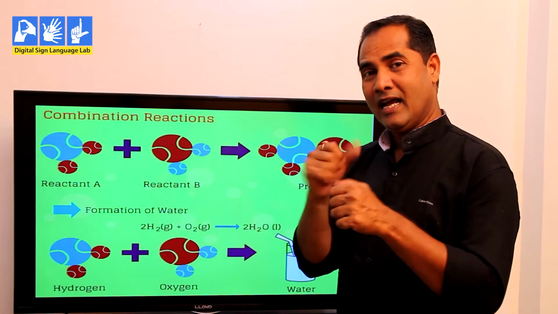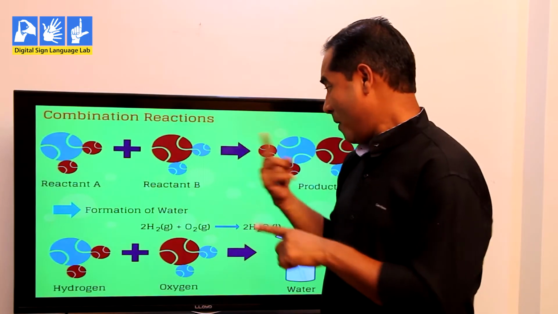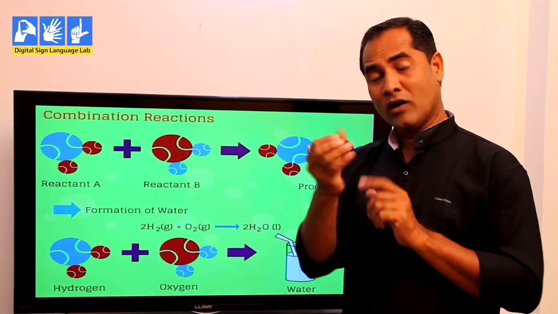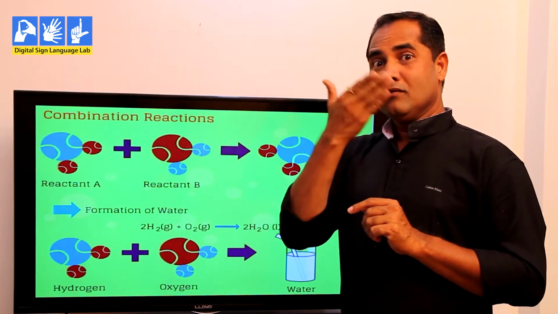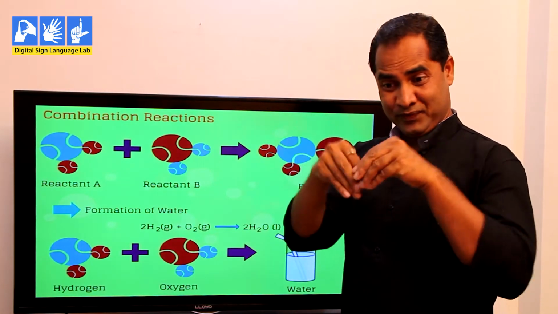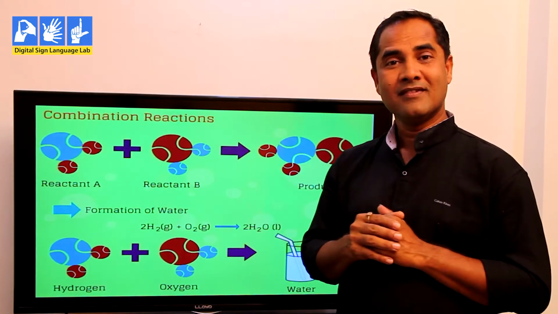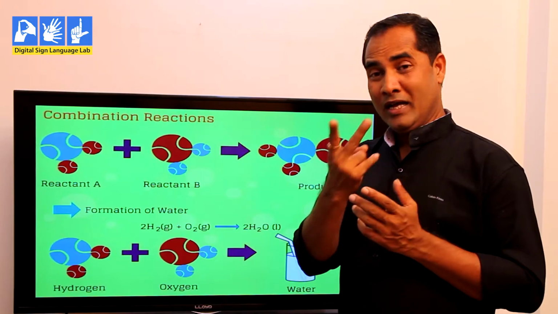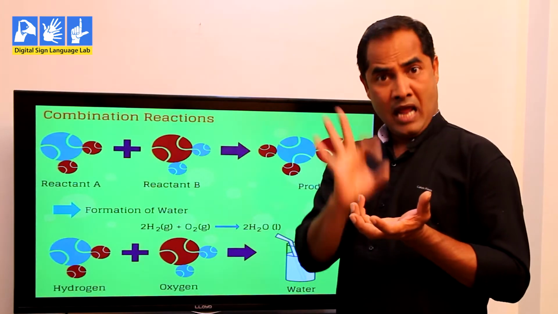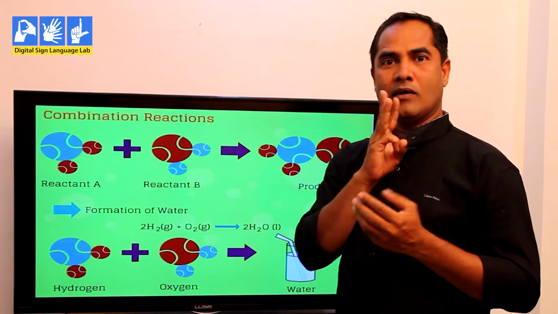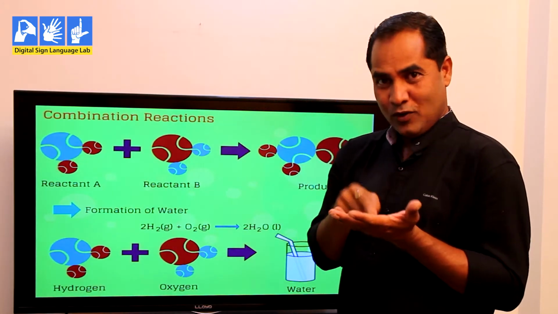So we have two molecules of hydrogen combining with one molecule of oxygen to make water. The water that you drink actually comes from hydrogen and oxygen.